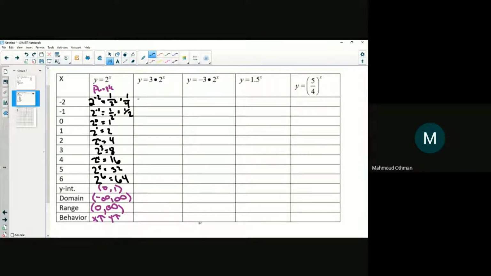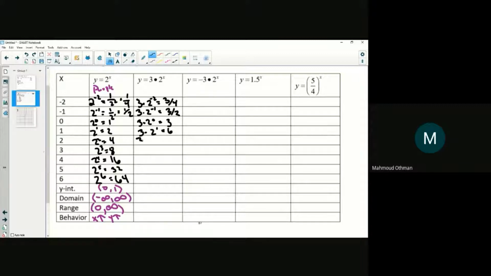So we'll start off here. 3 times 2 to the negative 2 is going to be 3 over 4. 3 times 2 to the negative 1 equals 3 over 2. 3 times 2 to the 0 equals 3. 3 times 2 to the 1 equals 6.